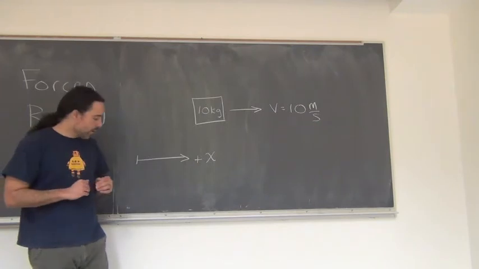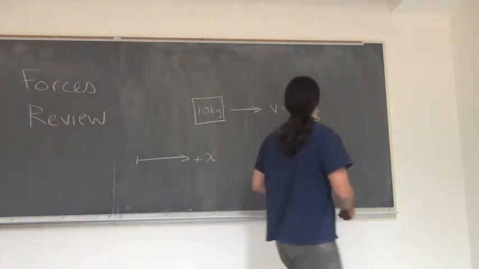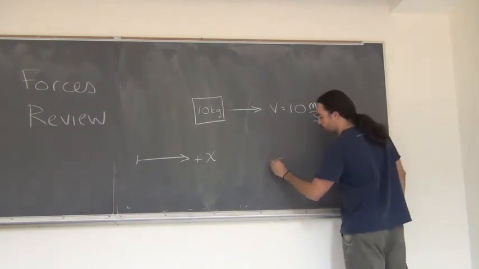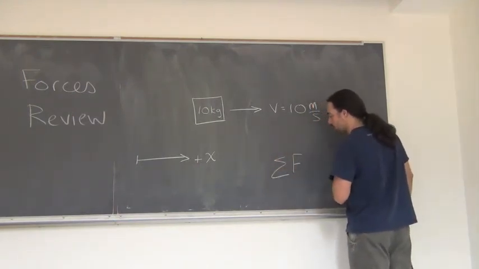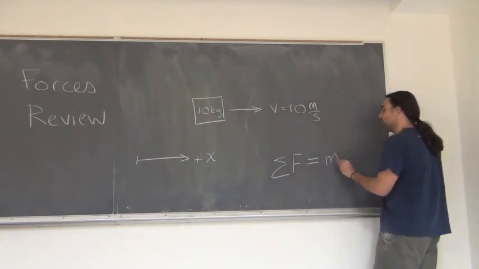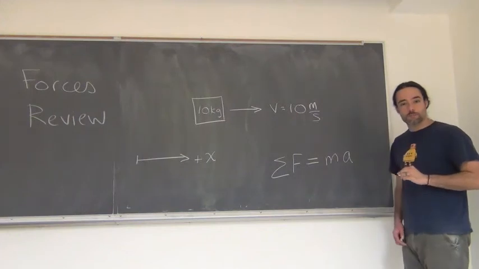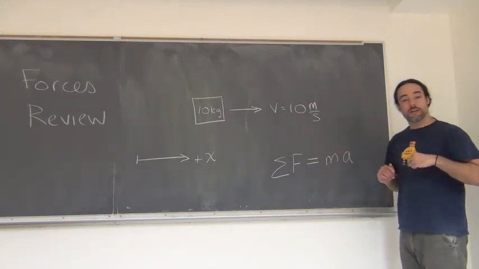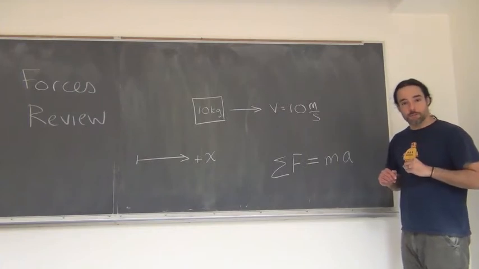Well, here's what we know. If I sum up the forces on the block, this would be our net force. That has to equal the mass times the acceleration. Recall that the acceleration tells me how the velocity changes over time.